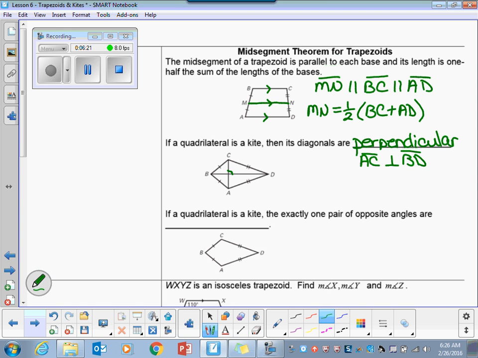We've got two pairs of congruent triangles. I'm going to call this point M. We've got ABM congruent to CBM. It's not difficult to prove. We have CDM congruent to ADM, also not difficult to prove.